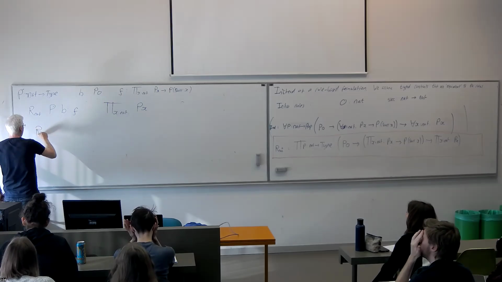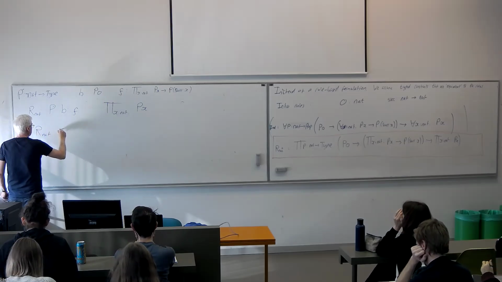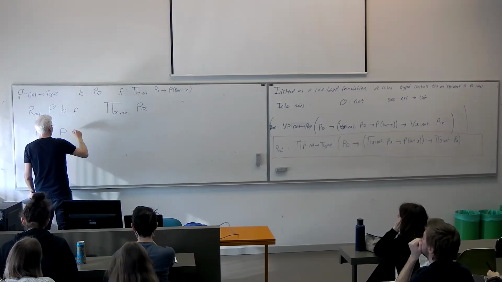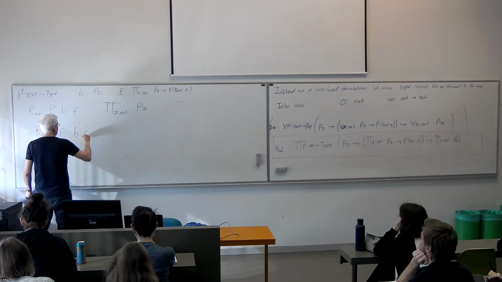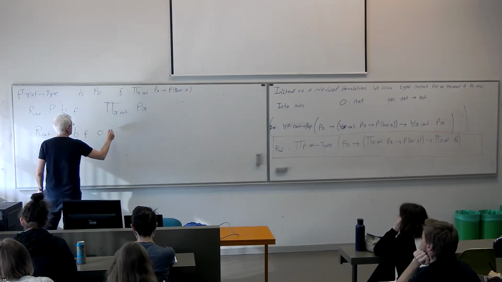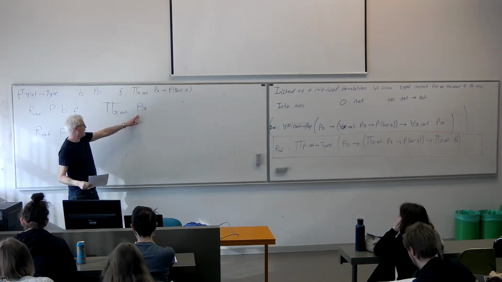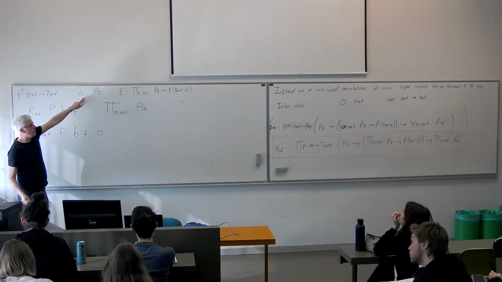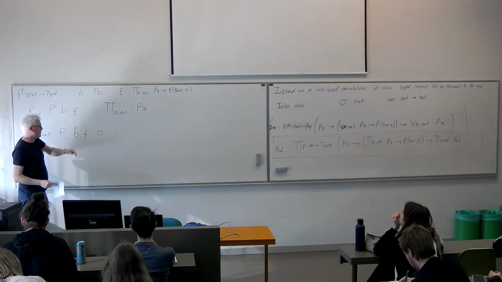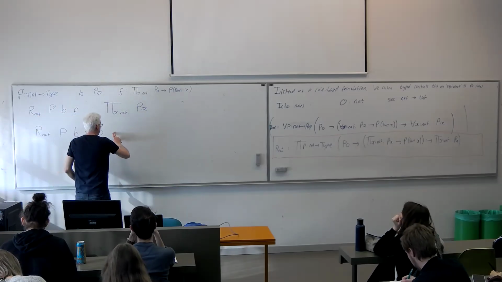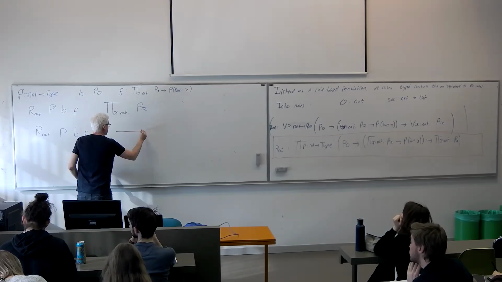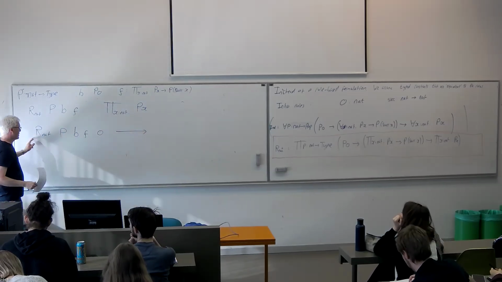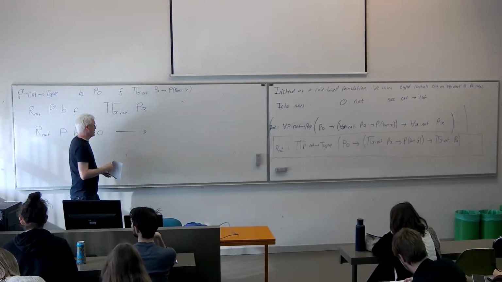So when we apply this function to 0, what we want to get is an element of the type P0, and we have such an element b, so we just return that. So this is a computation rule: when we have this information, this computes to b.